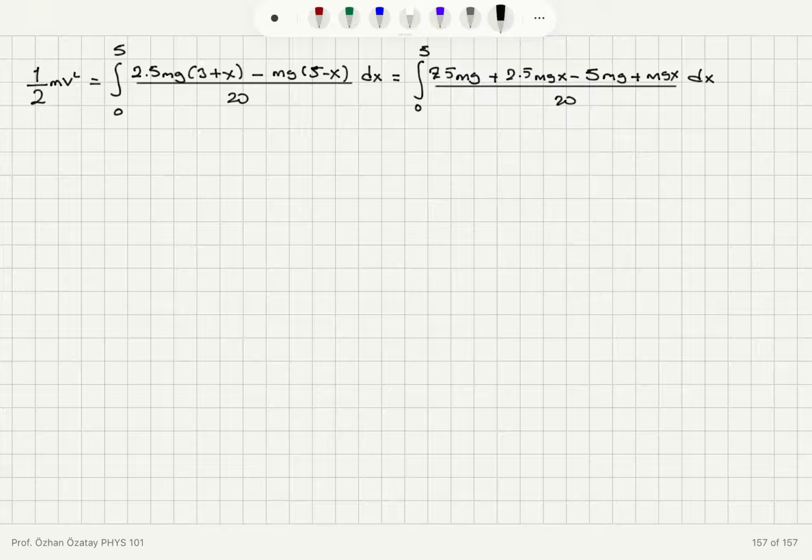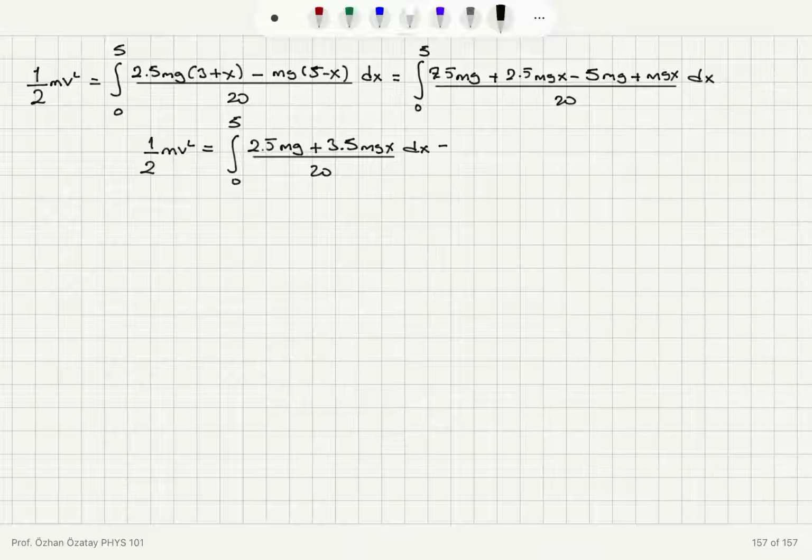So 1/2 mv squared equals the integral from 0 to 5 of: 7.5 mg minus 5 mg gives me 2.5 mg, and 2.5 mgx plus mgx gives me 3.5 mgx, divided by 20, dx.